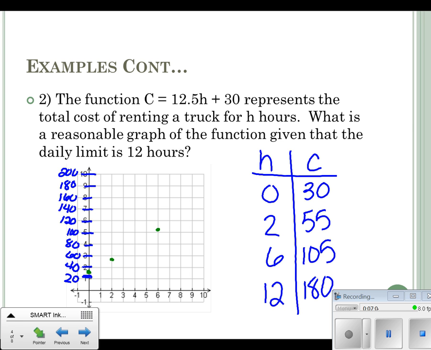And for the 12 hours, which would be approximately, if this is 11 and this is 12, 12 and then up to 180 would be approximately right here. And so we would connect those points. It should make a line, and it would stop at that last point because that's the maximum. You wouldn't put an arrow there.